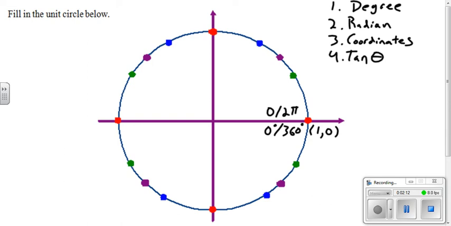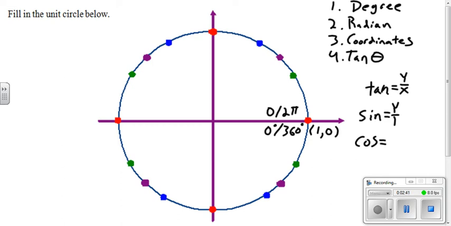The tangent at this point, remember, in these cases, because we have a unit circle, tangent is going to be found by the y value over our x value. If you wanted to know the sine, it would be the y value over 1, 1 being the unit, our radius.